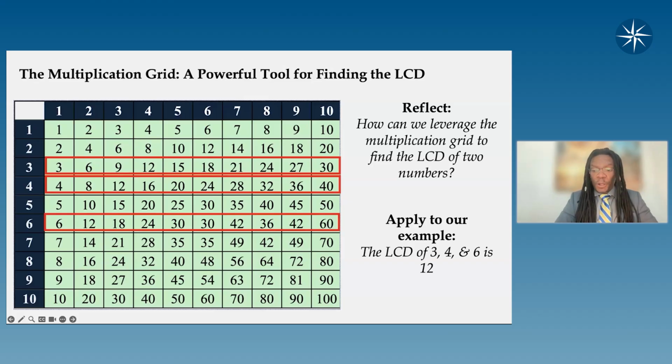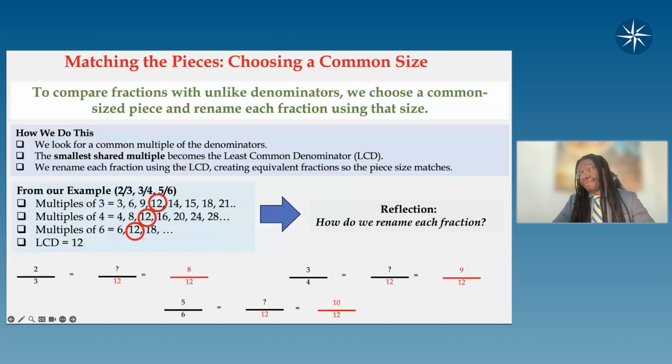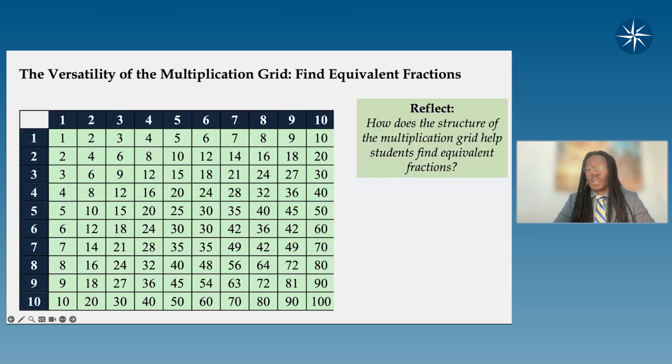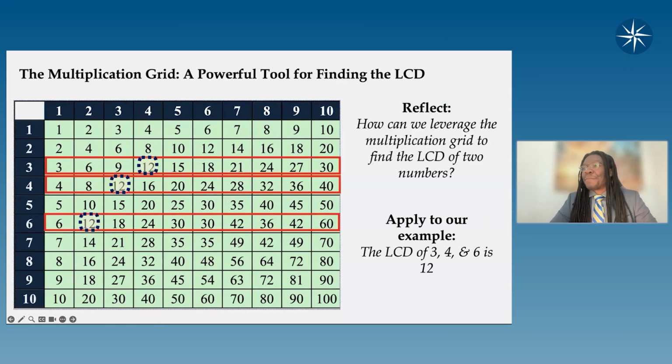And then they will look for the common number in all 3. That gives them 12. So their LCD is 12. Now they can go back and apply that here again. So this multiplication chart is a very powerful tool to help students find the multiples of 3 digits.